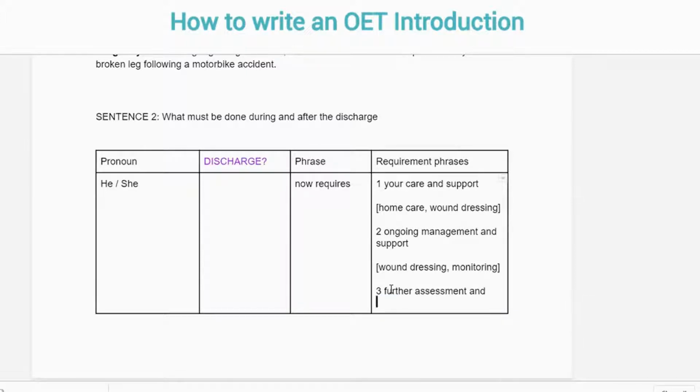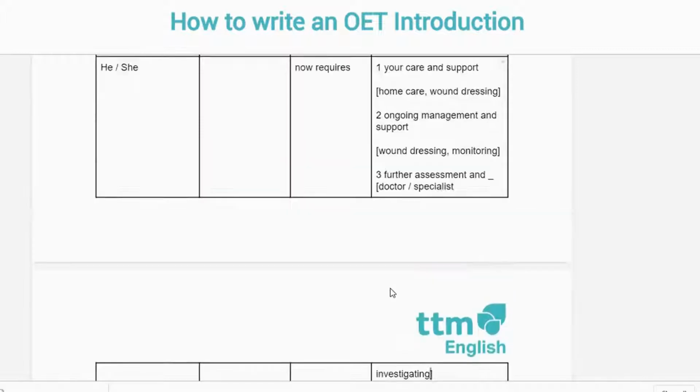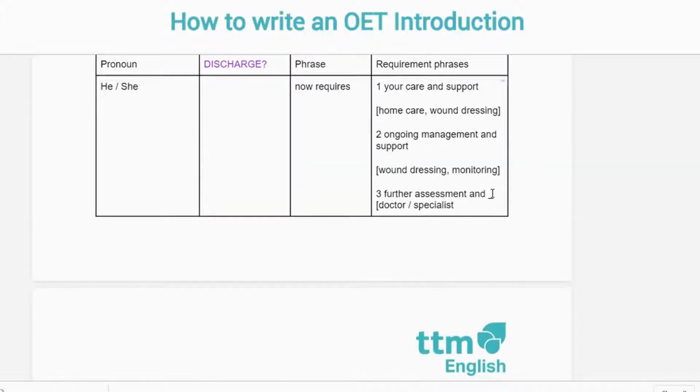Here, obviously, we're talking about a doctor or a specialist doing something, right? Further assessment and something. I'll just put a blank. But what we mean is a doctor or a specialist investigating. I know that's going onto another page here, but there we go. Further assessment and, let's say, management here, just to give you an example.